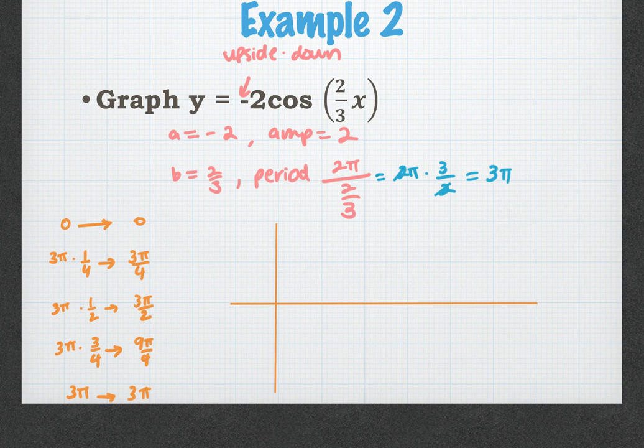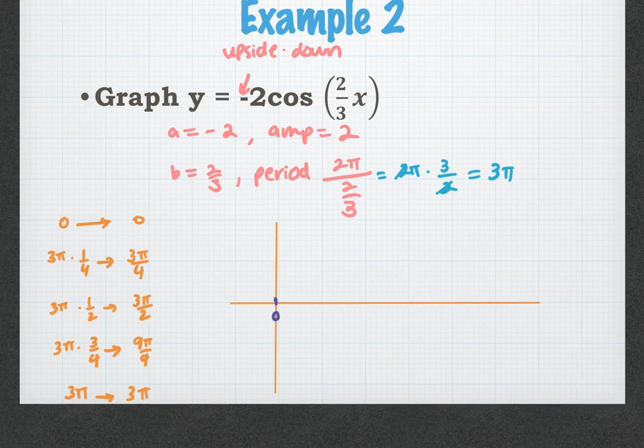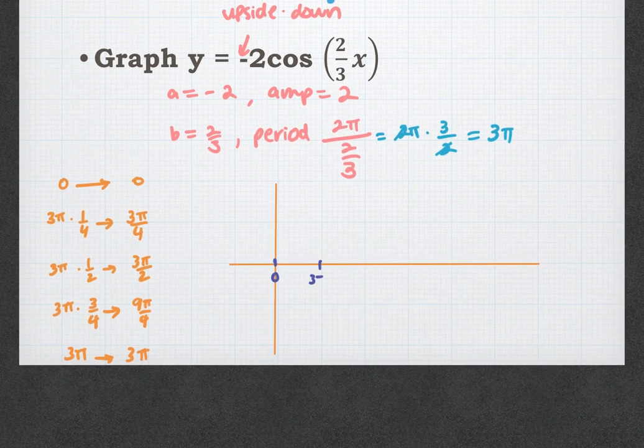Still good? All right, so first one is 0. Second one is 3 pi over 4. Third one is 3 pi over 2. Fourth one is 9 pi over 4. Fifth one is 3 pi.